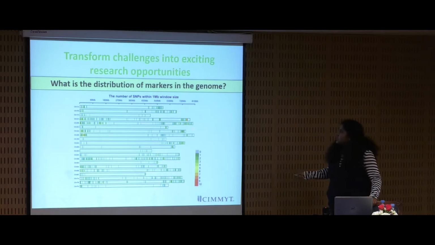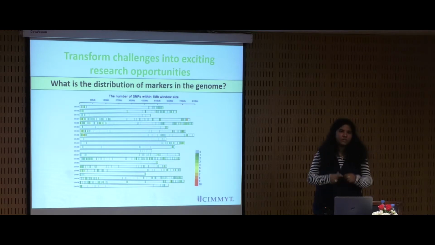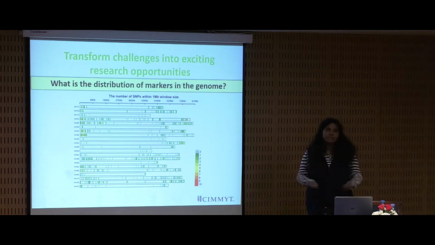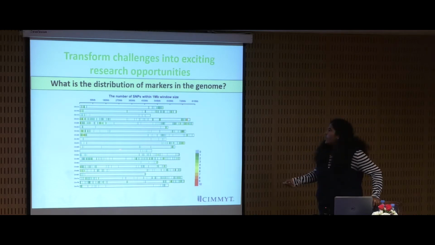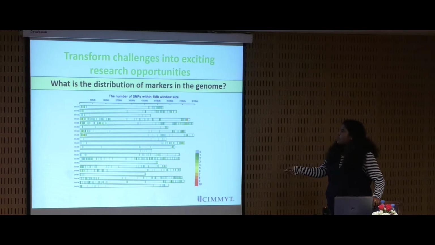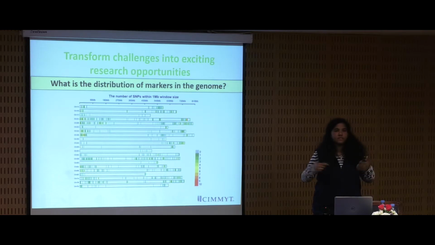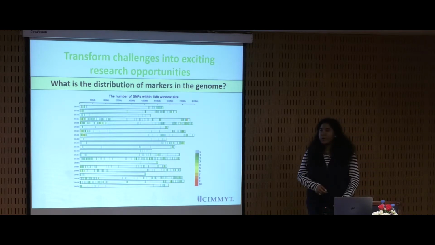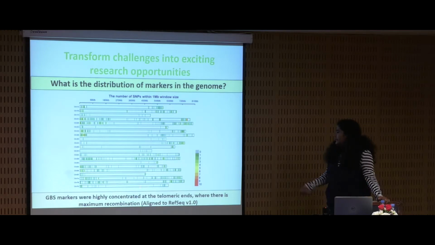But I would also say that we have to do it actually with a genetic map versus a physical map, because in a physical map you can highly inflate your distances because you never know if this translates to a centimorgan or more, and it is different in different parts of the wheat genome. So that's again one of the things that we observed, and this was aligned to the RefSeq version 1.